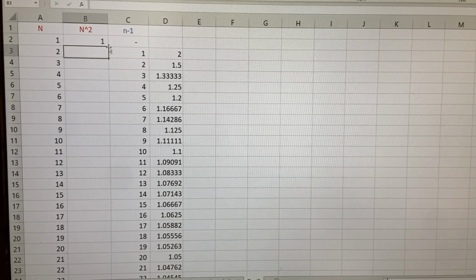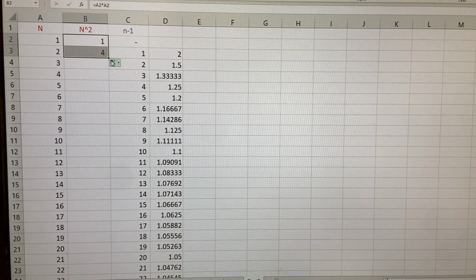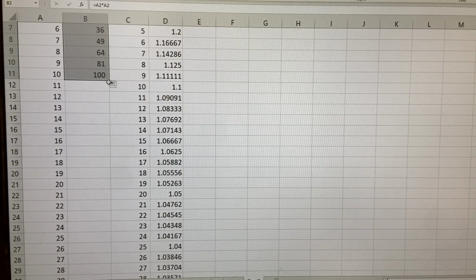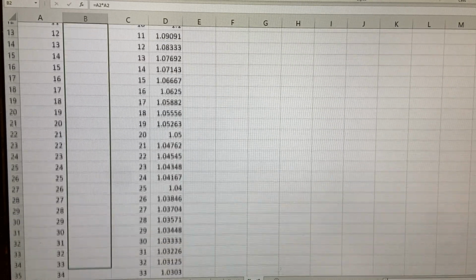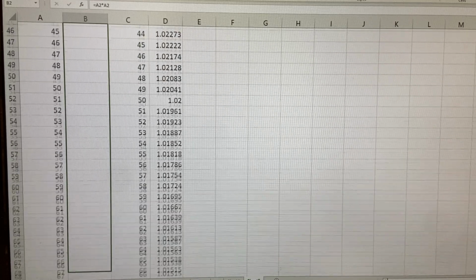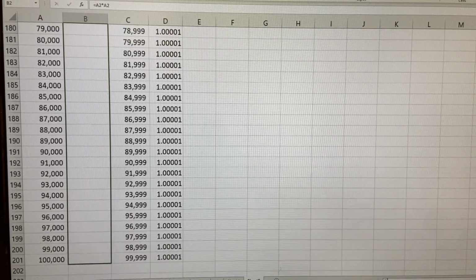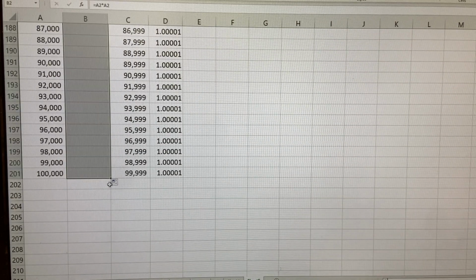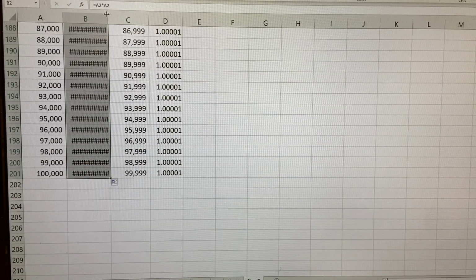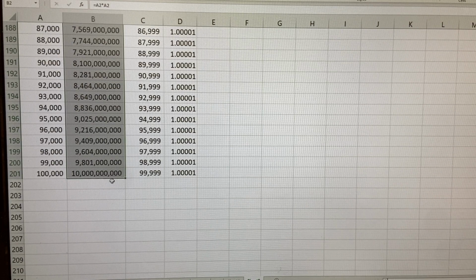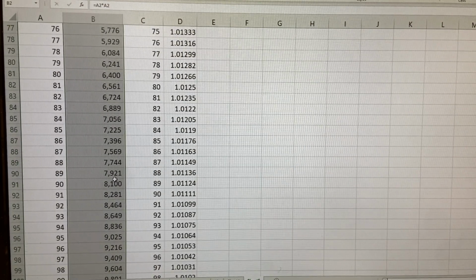Of course, 1 by 1 is 1, 2 by 2 is 4, so the formula works. 10 by 10 is 100. Nice, so there's the square of the same number. Let's pull it down to 100,000. There. Those are the squares of n.